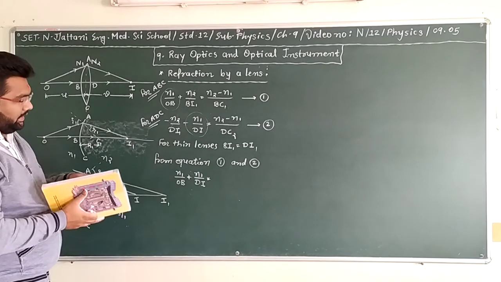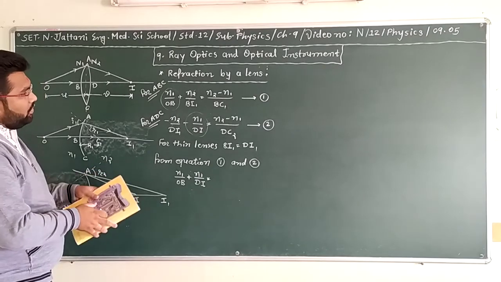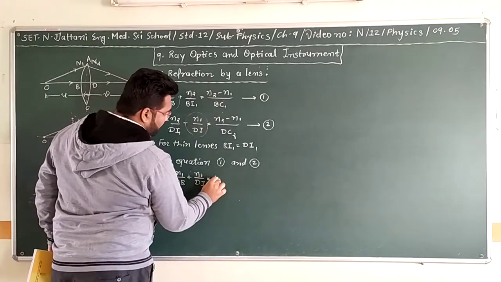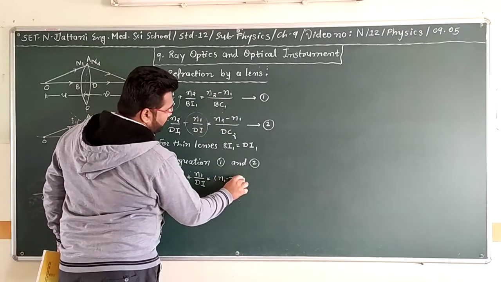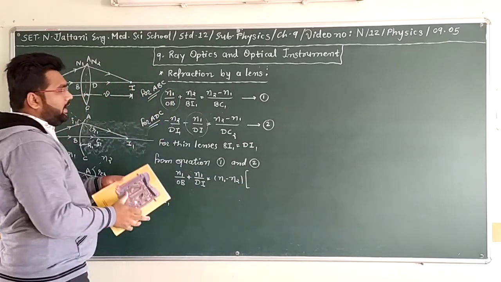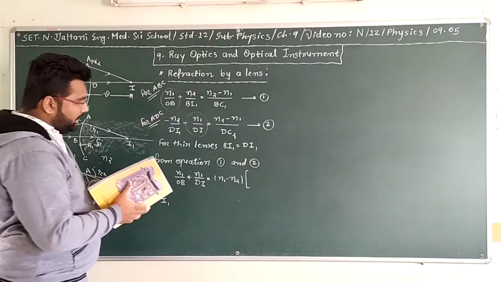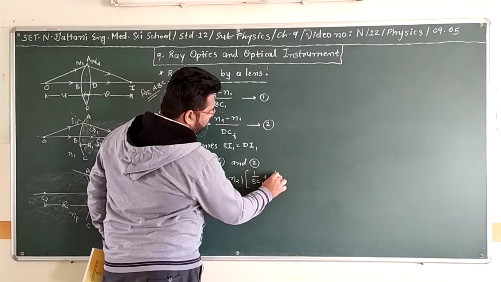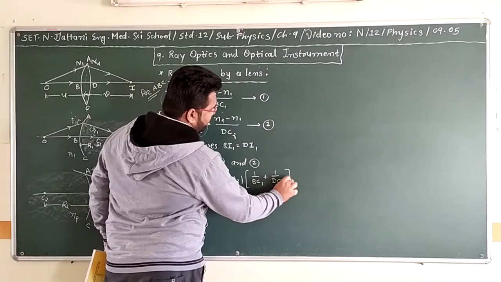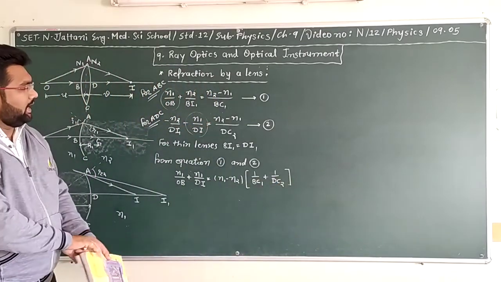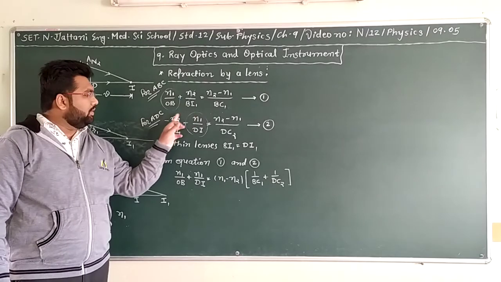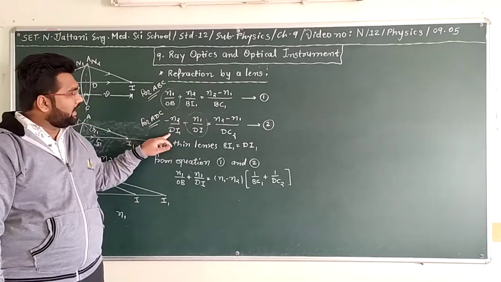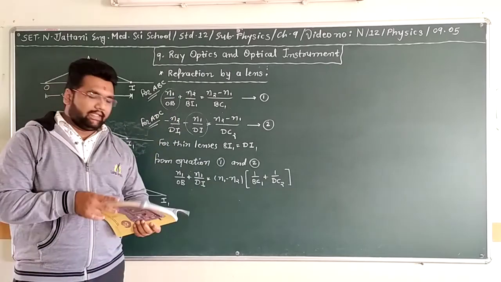On the other side, n2 minus n1 will be common, and we get into the bracket 1 upon bc1 plus 1 upon dc2. This is our formula.